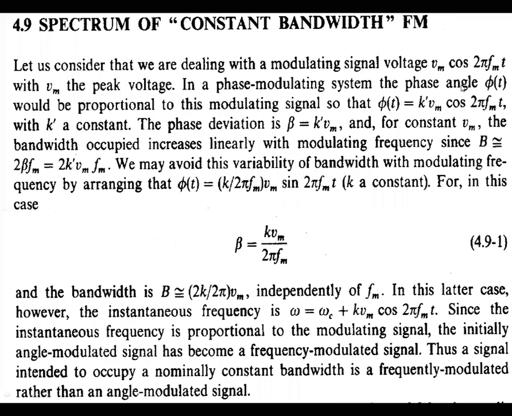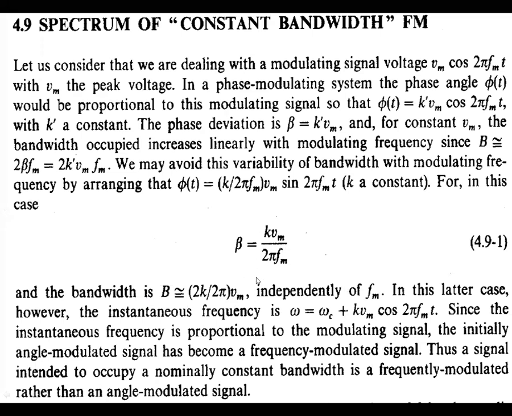See the difference between k and k'. When going from k' to k, it becomes a derivative, and the derivative of cos is sin, so k/(2 pi fm) Vm sin 2 pi fm t. K is constant now. In this case beta is equal to k Vm by 2 pi fm. And the bandwidth is proportional to 2k by 2 pi Vm, so that is independent of fm. Now the bandwidth is independent of fm.